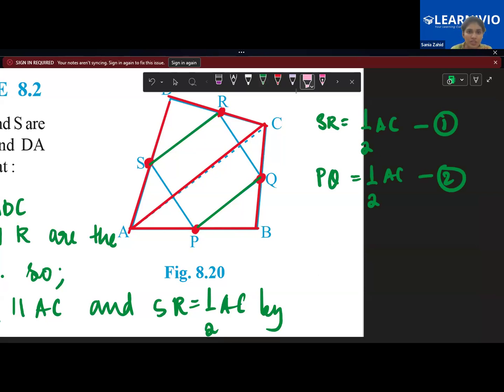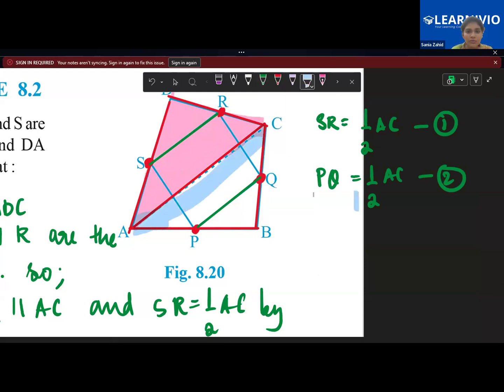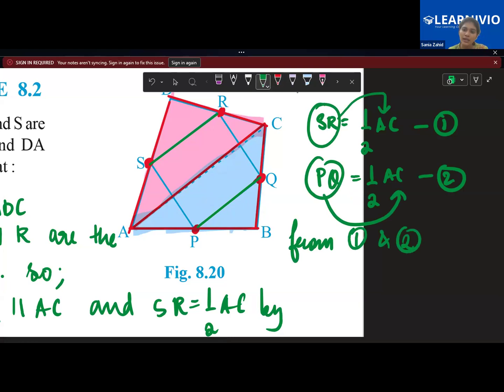So initially I take triangle number 1 and apply the midpoint theorem. Then I take triangle number 2 and again apply the midpoint theorem. So what do I have? I have point number 1 and point number 2. SR is equal to half of AC, PQ is equal to half of AC. So from 1 and 2, SR is equal to PQ. Very easy proof.